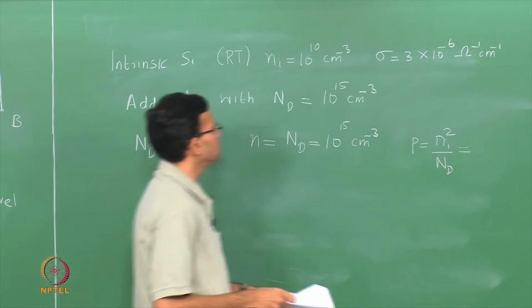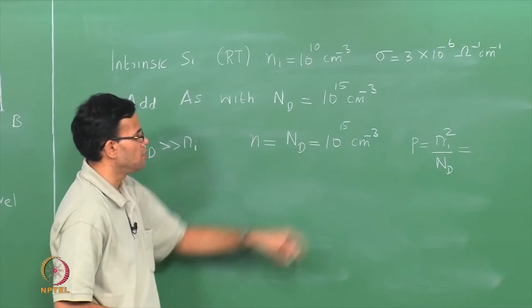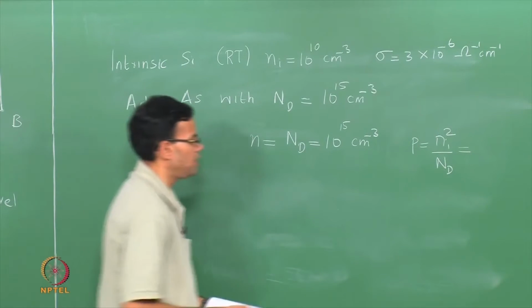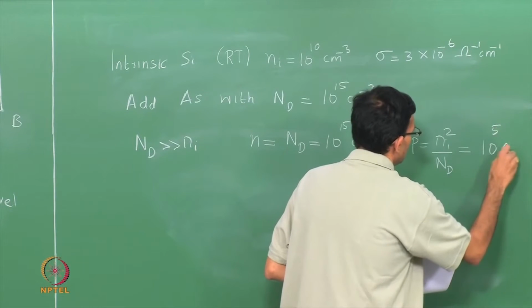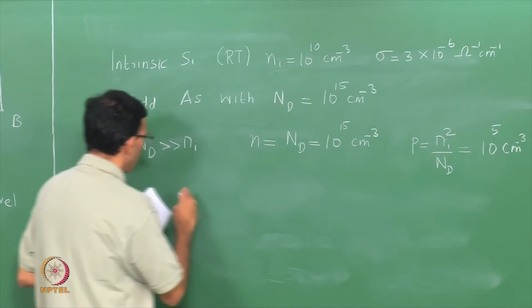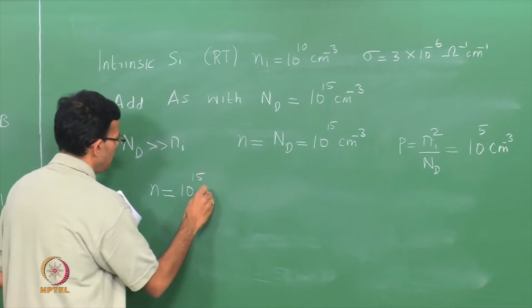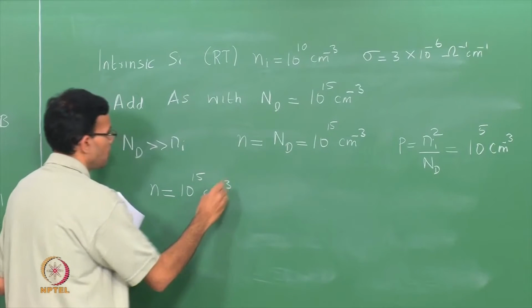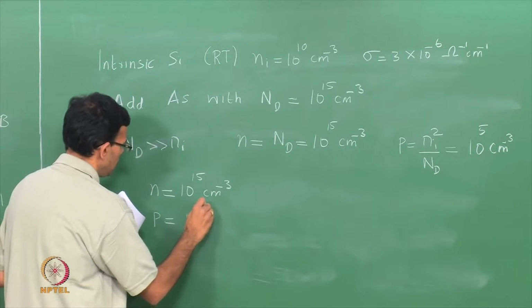If you do the math, Ni is 10 to the 10, Nd is 10 to the 15. So, Ni square is 10 to the 20 divided by Nd, which is 10 to the 15, giving 10 to the 5. So, we have a concentration of electrons which is 10 to the 15, and a concentration of holes which is just 10 to the 5.